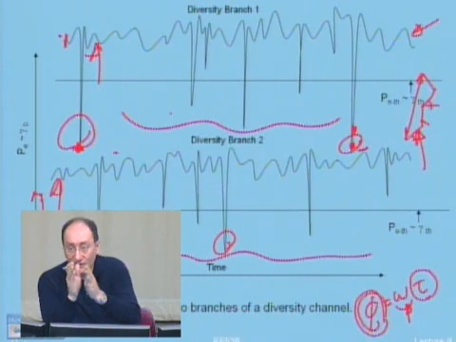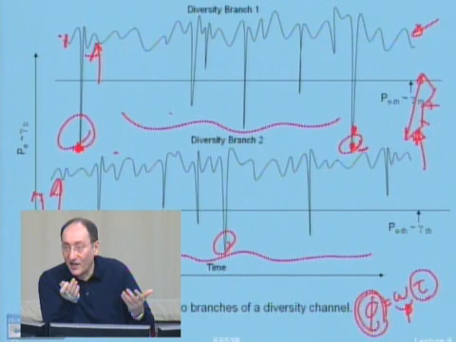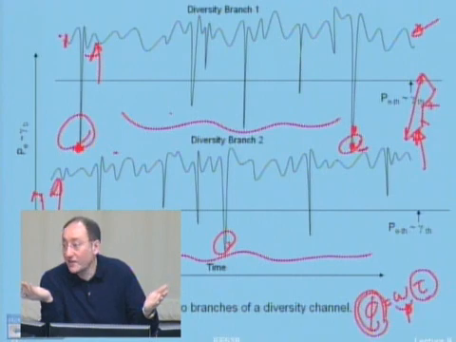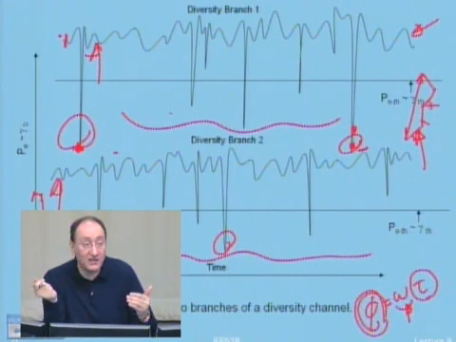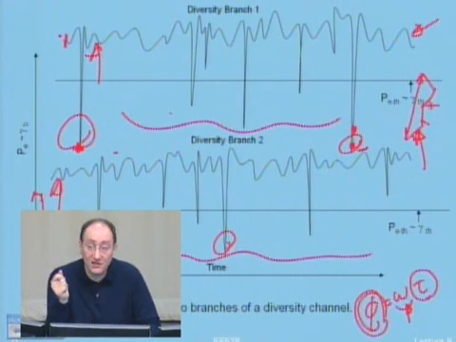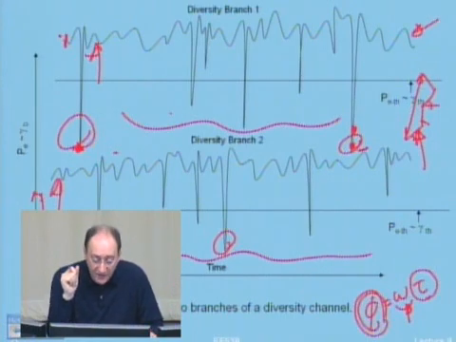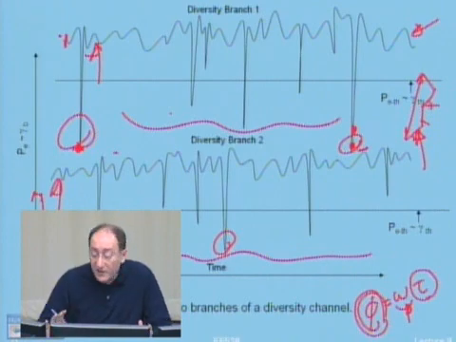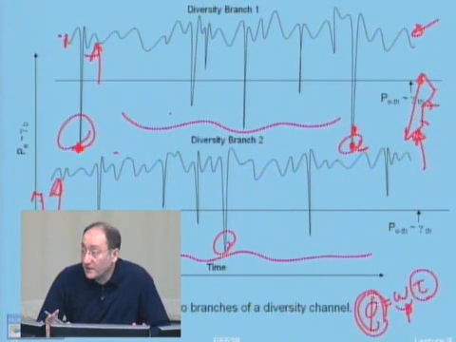If I use 2 frequencies, it means that I'm losing my bandwidth 2 times. But if I use 2 antennas, 2 receiver antennas, or 2 transmitter antennas, no difference. So the remedy is diversity.